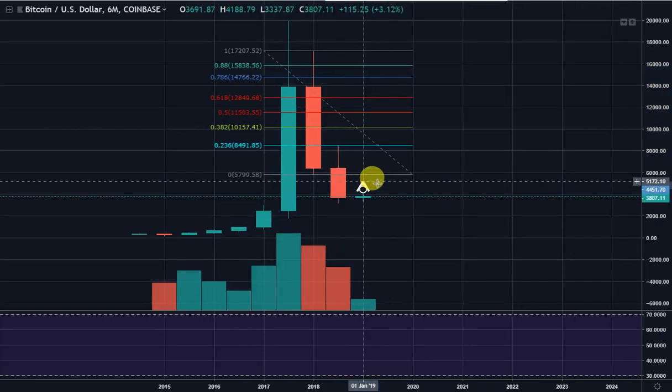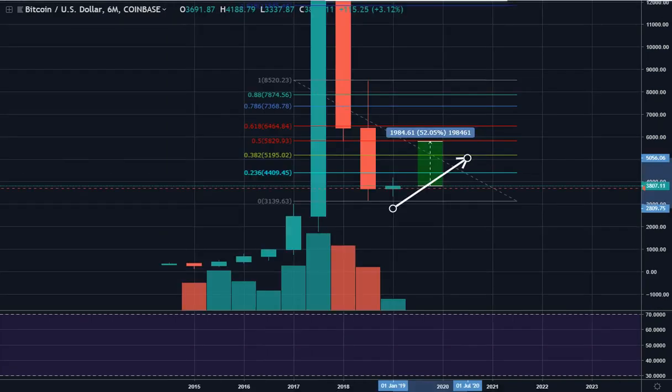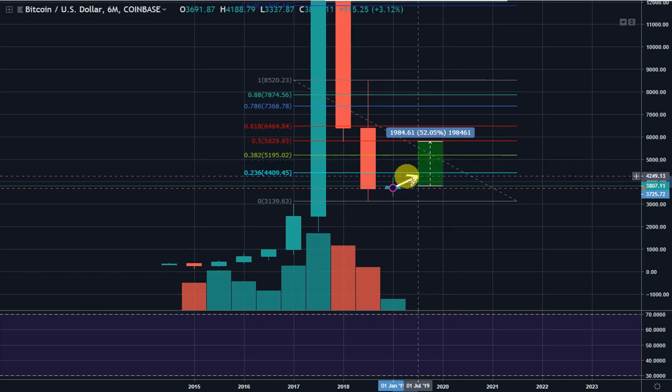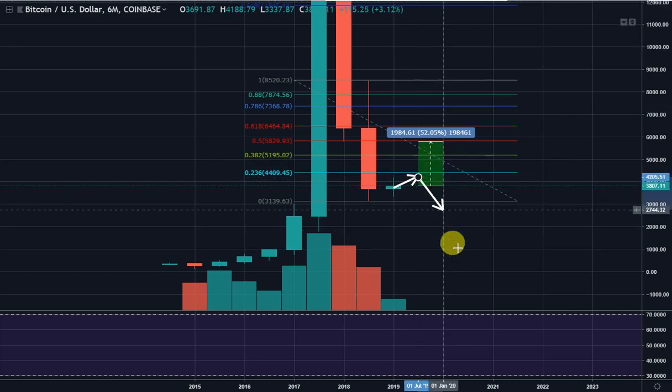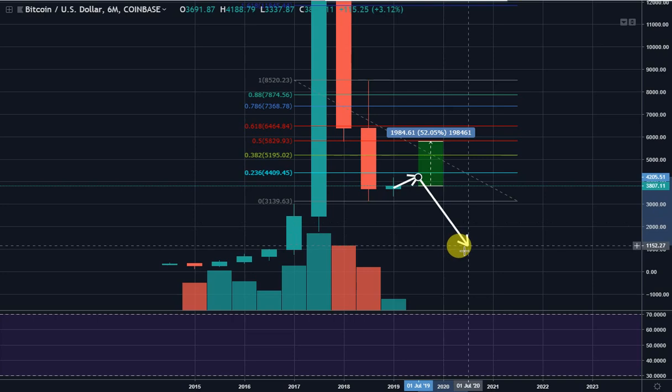If we bounce here, sorry, wrong chart, guys. If we only manage to bounce to the 4,400 level before June, my opinion is that this market is going to $1,000.